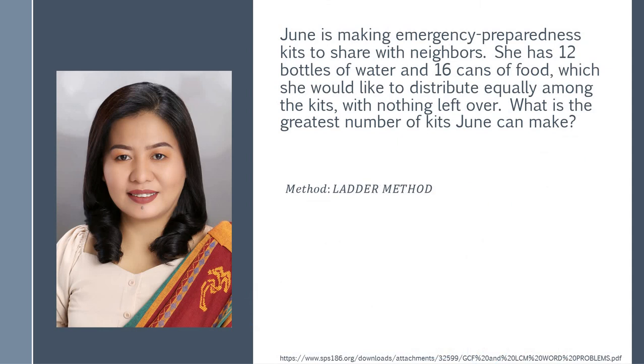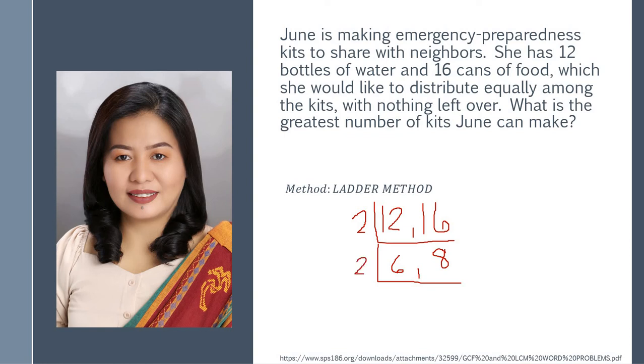That's the ladder method. For the ladder method, we write 12 and 16. Is it divisible by 2? Yes, 12 divided by 2 is 6, and 16 divided by 2 is 8. Are 6 and 8 divisible by 2?